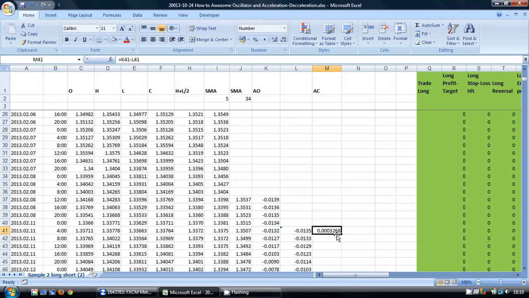And then you can copy this down by just clicking on the bottom right hand corner. So there we go, that's the awesome oscillator and the acceleration deceleration indicator which normally accompanies it.